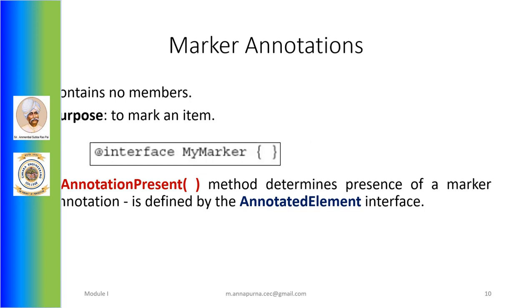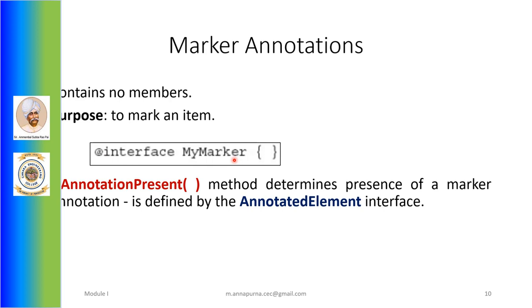Marker annotation. A marker annotation is a special kind of annotation that contains no members, and also it does not consist of any data. Here in this example, I have declared an annotation and it does not consist of any annotation members nor any data. Thus, this MyMarker annotation is a marker annotation. The sole purpose of this marker annotation is just to mark an item or a declaration.